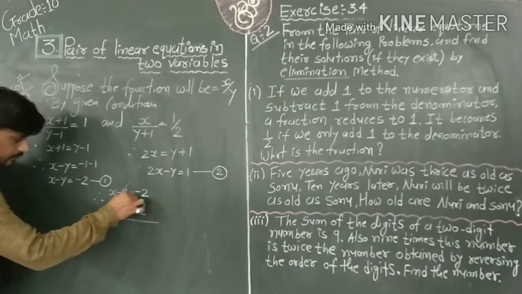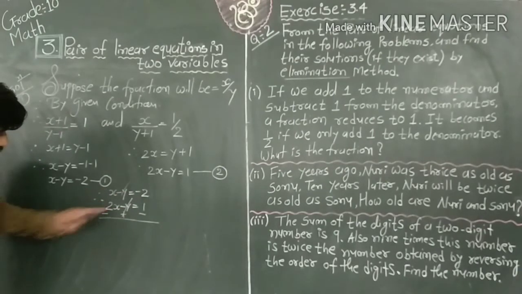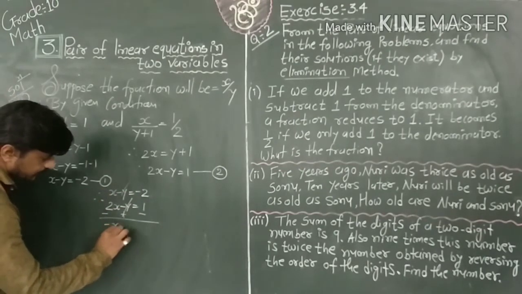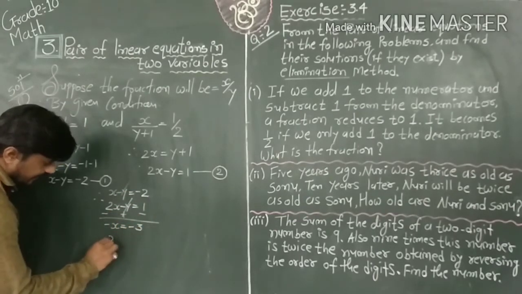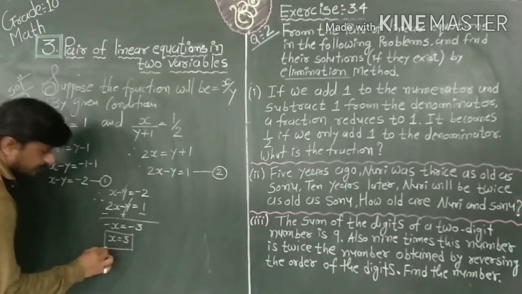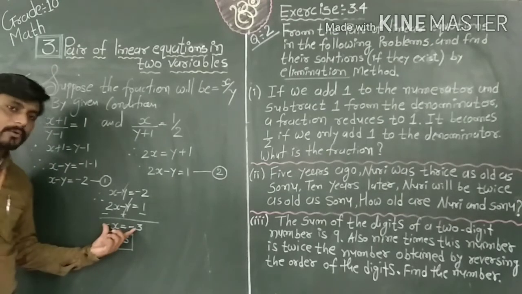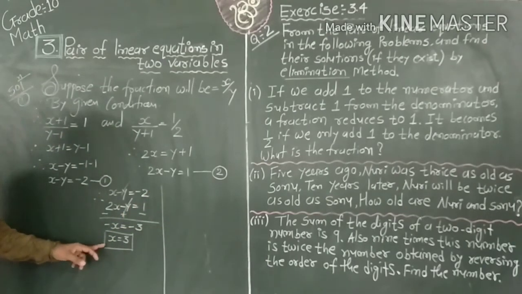Here y negative, y positive, cancel. x minus 2x, that means minus x, minus 2 minus 1, that means minus 3. x is equal to 3. The minus signs cancel on both sides. Now this is the value of x.